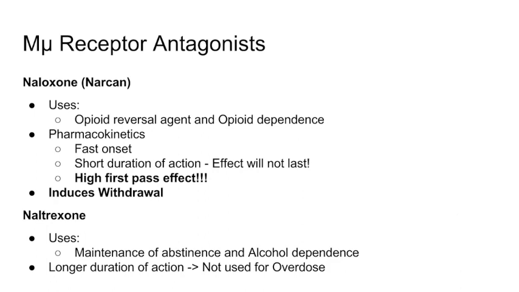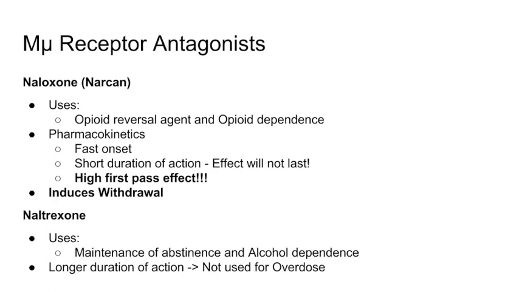We have naloxone or Narcan. It's our opioid reversal agent for an opioid overdose, very fast onset, and it's got a short duration of action. Its effect will not last. So somebody who comes in the emergency room after getting Narcan, within an hour or two, the drug could wear off and they're back where they were, respiratory depressed and sedated.